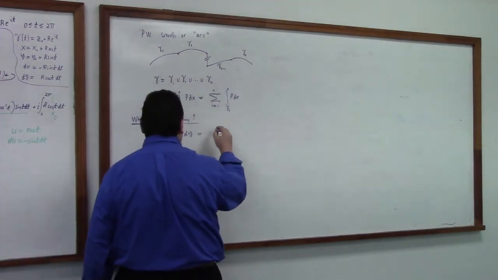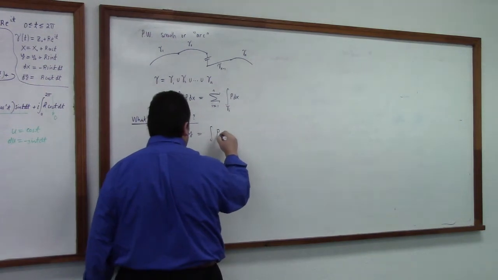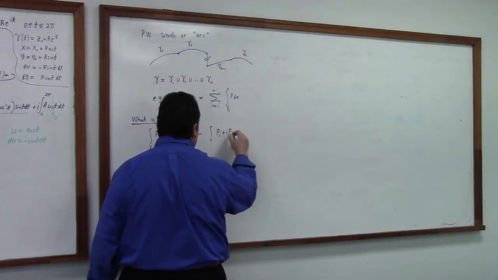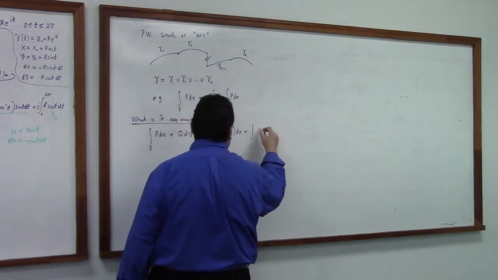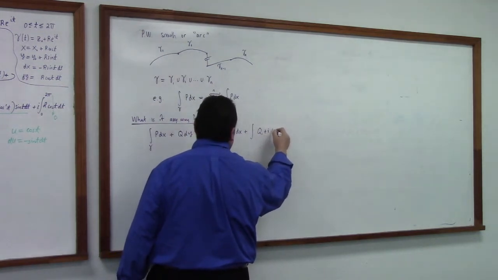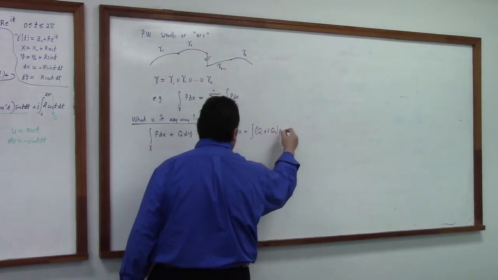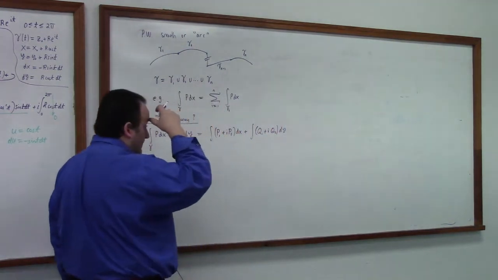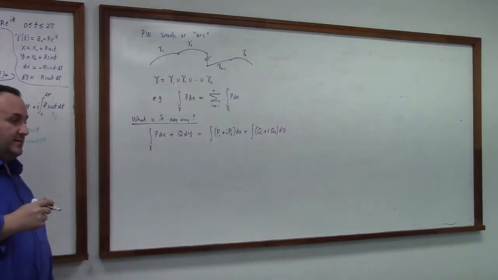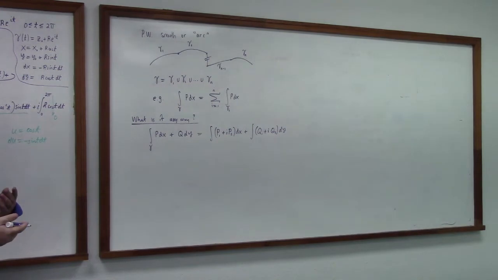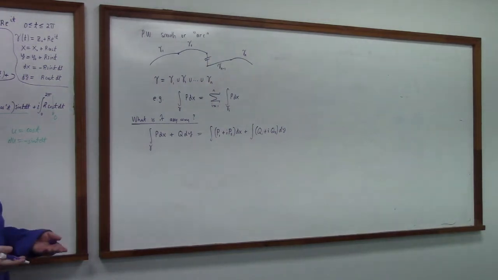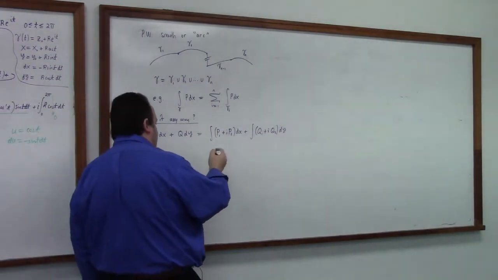So more explicitly, it's the integral of p1 plus i p2 dx plus the integral of q1 plus i q2 dy, yeah? And if you sort through it, the properties are exactly the most natural, unsurprising rules that follow from the definitions.